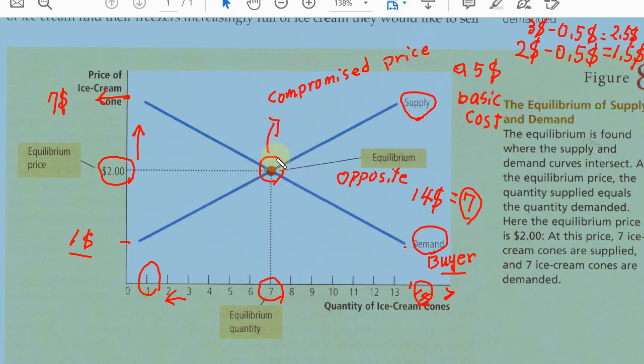But we have a point to meet. This is the proper pricing, meaning the supply line and demand line meet here. The quantity of 7 is ideal and they meet together in the market at the price of $2.